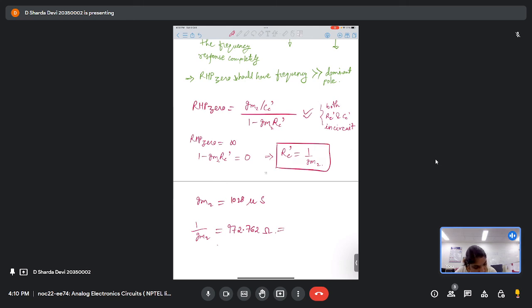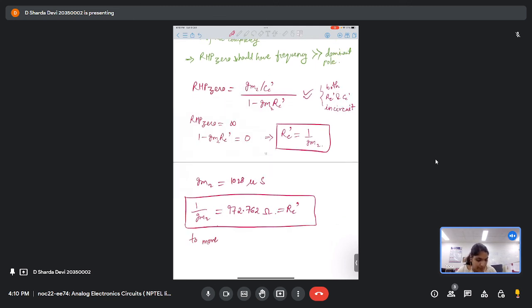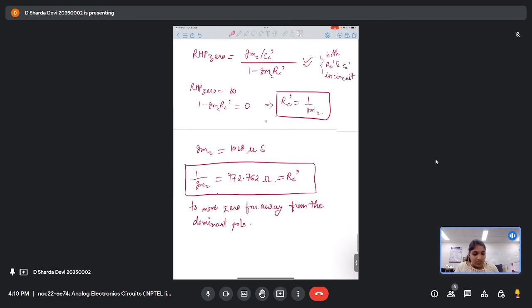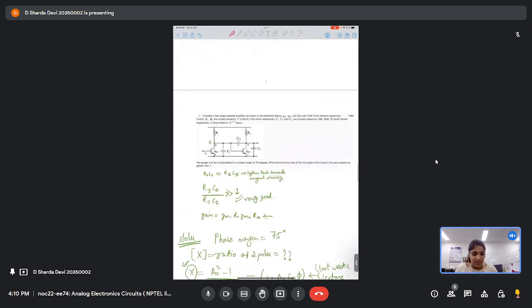So this is the compensation resistance that is applied in series with the capacitance to move the 0 far away from the dominant pole. Yeah. So these were the three questions which were connected with this first question itself.